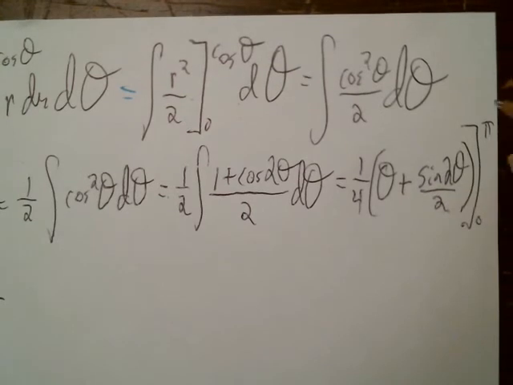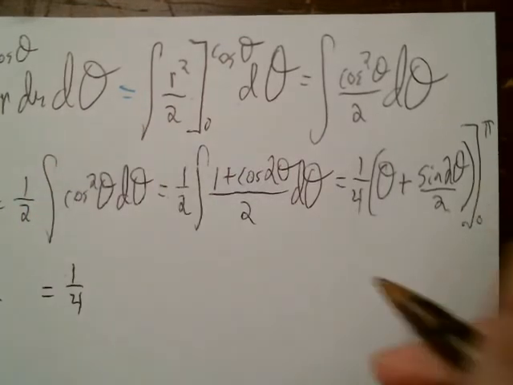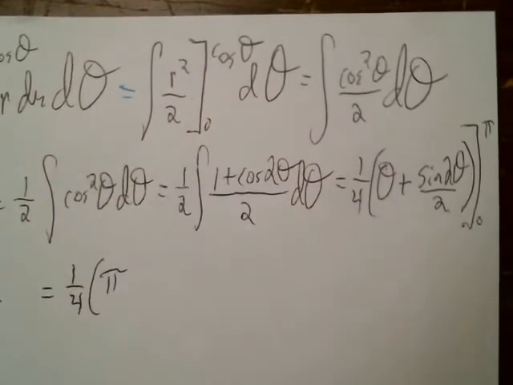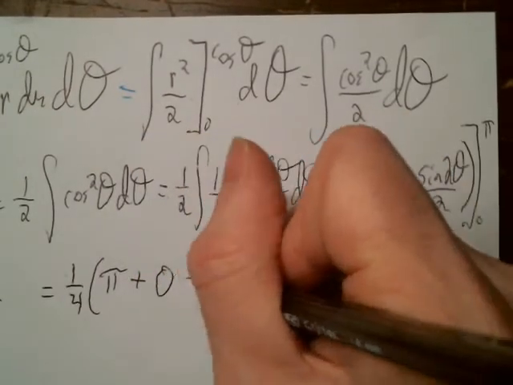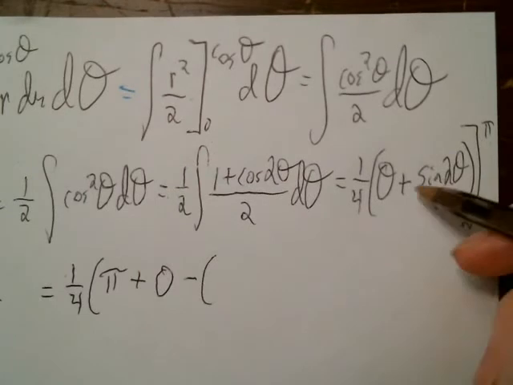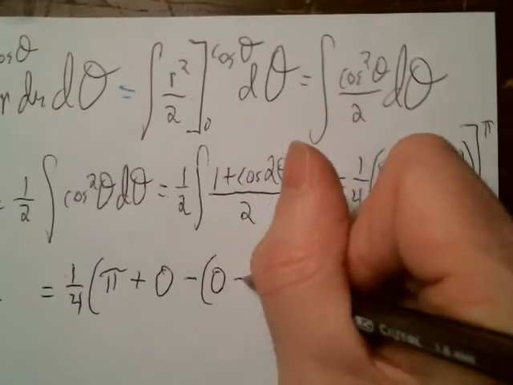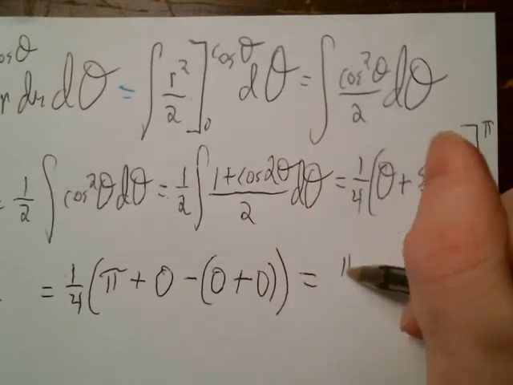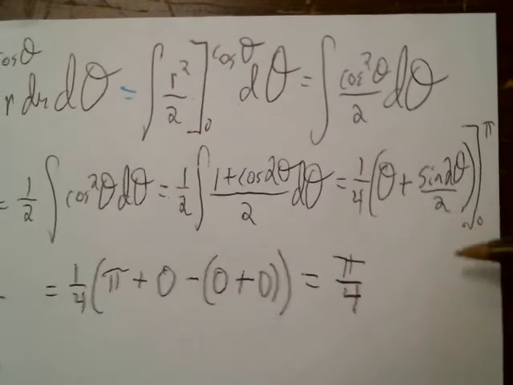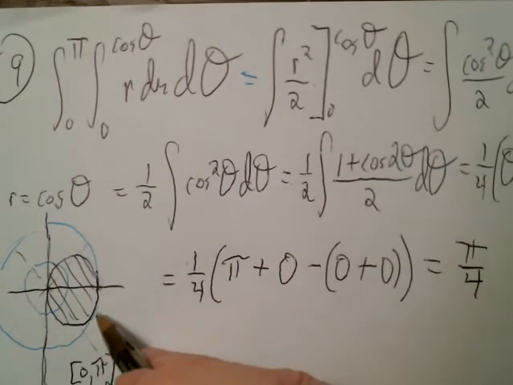Okay, so now I need to evaluate this on the bounds. So I'll have 1/4 times pi plus sine of 2 pi, which is 0, and then minus, plugging in 0, I get 0 plus sine of 0 over 2, which is 0 over 2, which again is 0. And then we end up with pi over 4, which should be the area of a circle with radius 1/2, right?